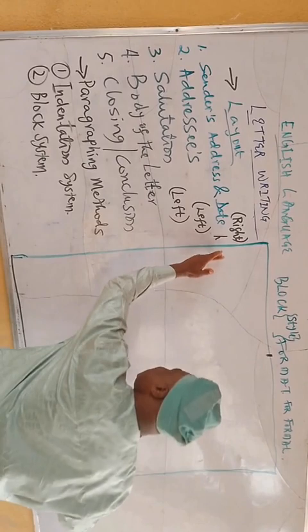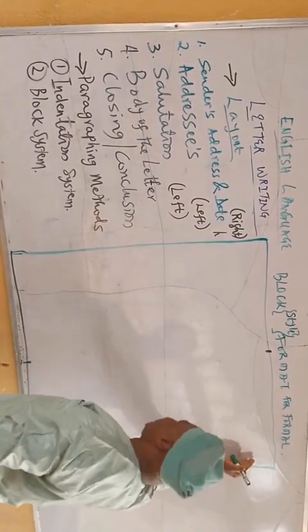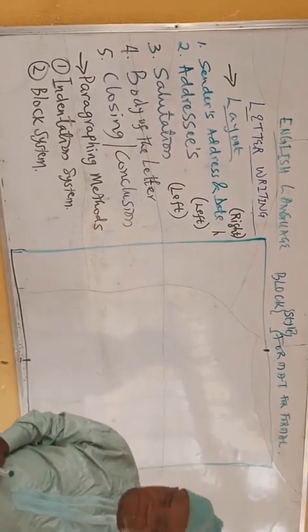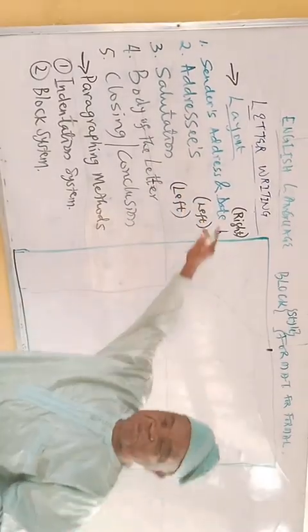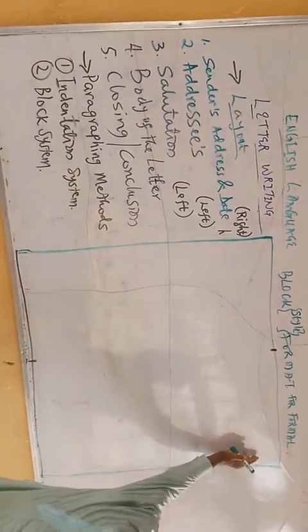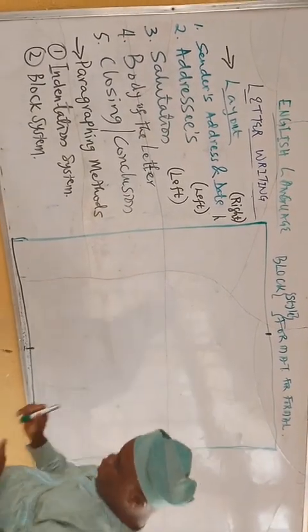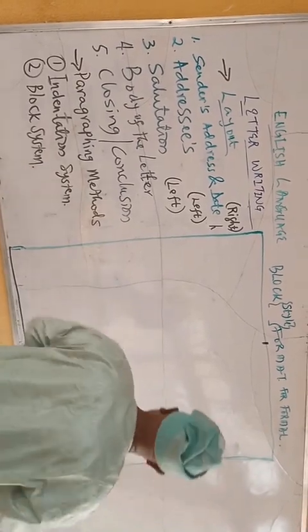So the left marginal block is this side and this is the right marginal block. If you are the writer, the sender's address must be on the right hand side, the right marginal block. So let's assume I stay at number 4.